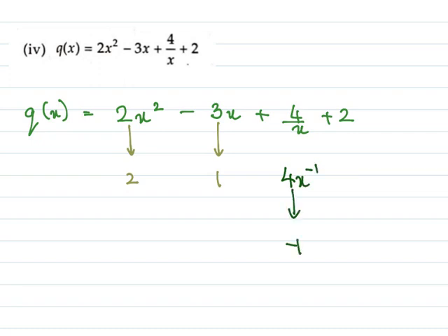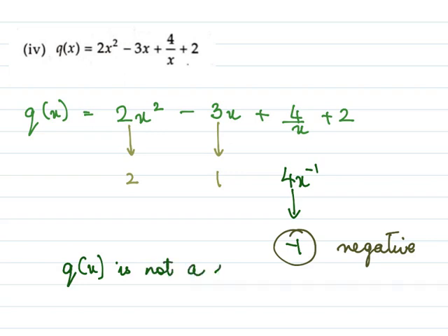So the power of this is minus 1. Now minus 1 is negative. So we can say q of x is not a polynomial because one of its terms had a negative power.